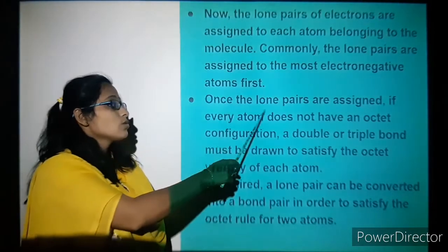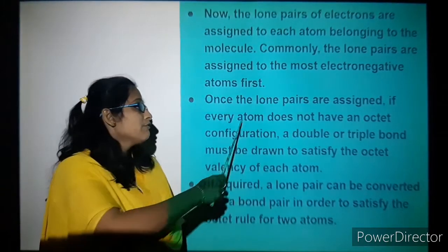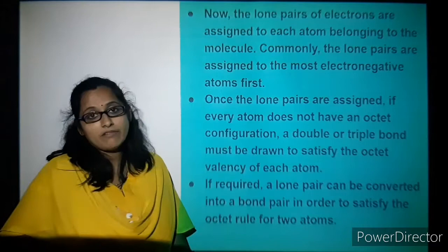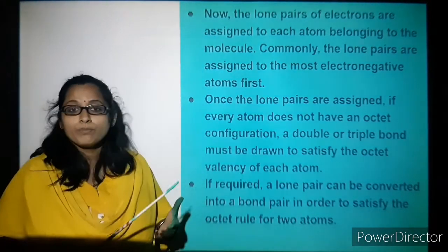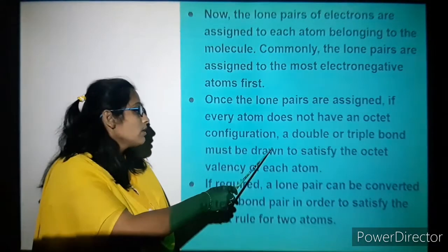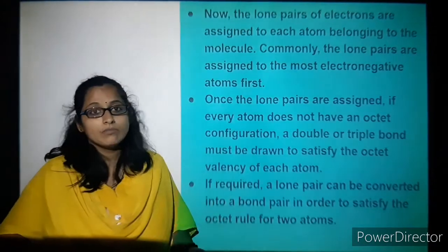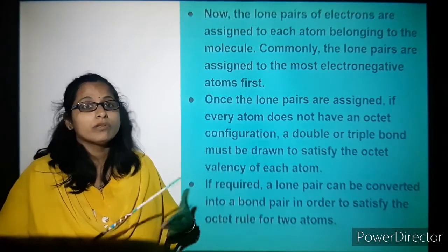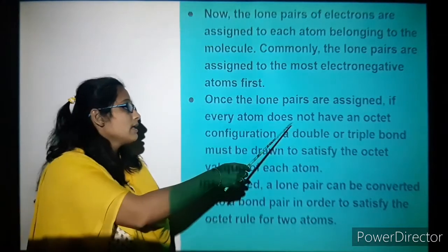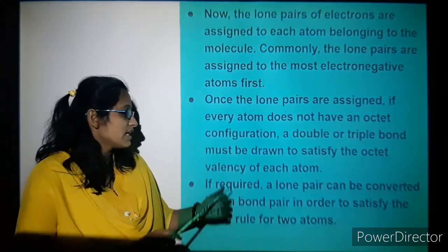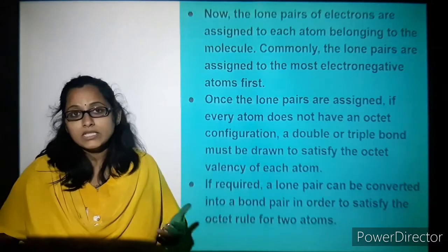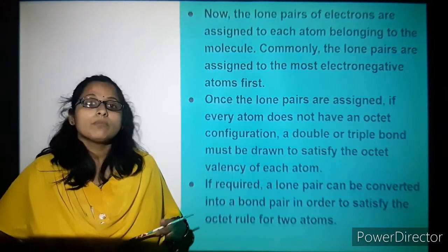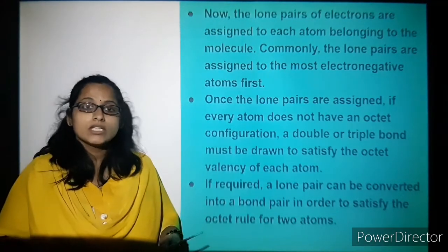Once these lone pairs are assigned, if every atom does not have an octet, then a double or a triple bond needs to be formed to satisfy the octet valency, that is 8 electrons in its outermost shell.